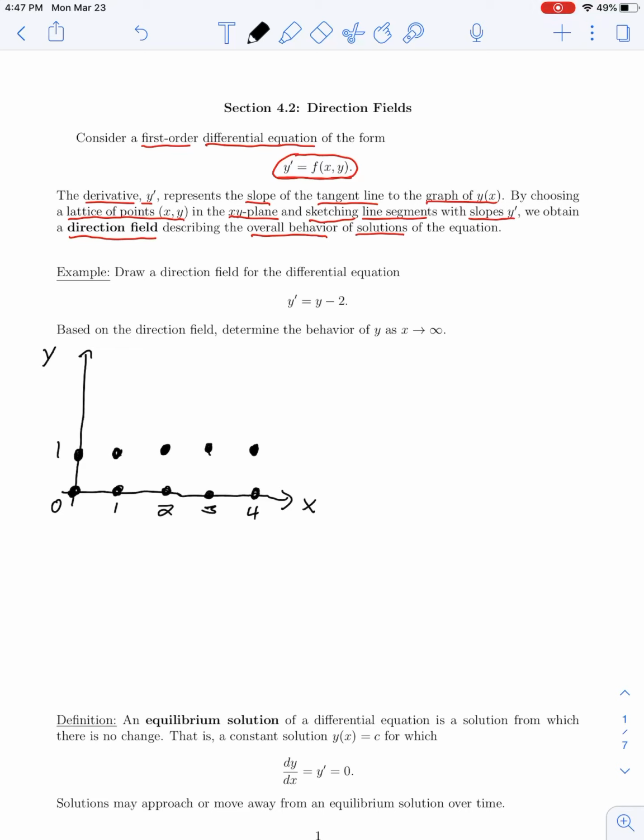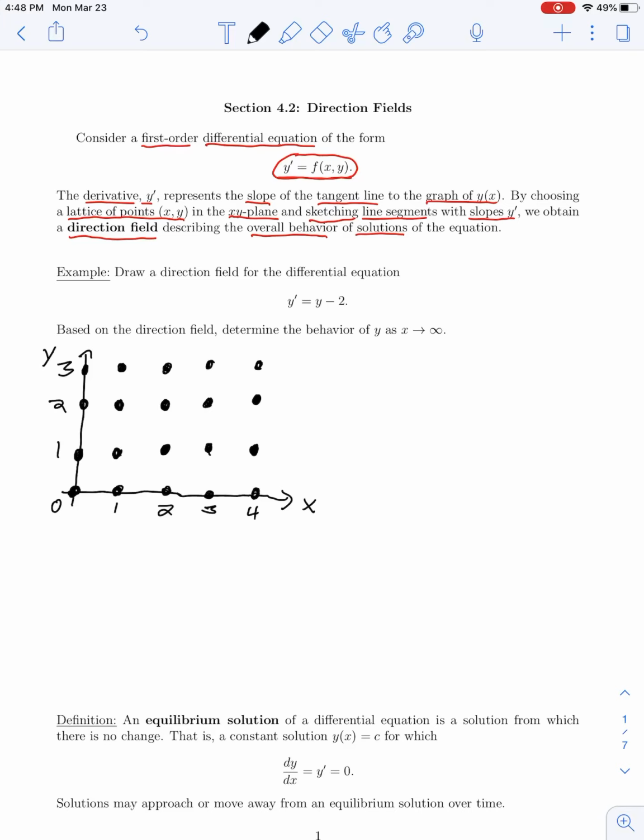And then keep increasing the value of y, say (0, 2), (1, 2), (2, 2), (3, 2), (4, 2), and so on. And maybe one more y value. Let's say if y was 3, we could choose the points (0, 3), (1, 3), (2, 3), (3, 3), (4, 3), and so on. So we're choosing a lattice or some grid of points in the xy plane.